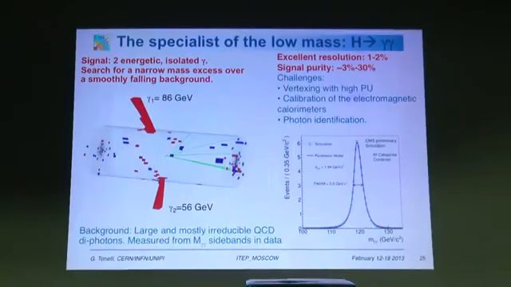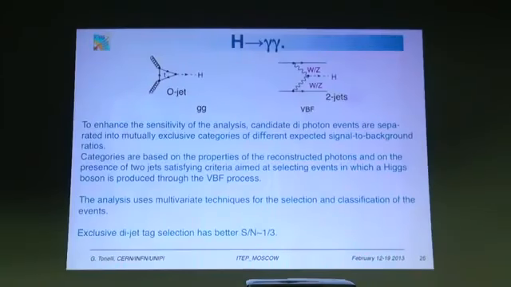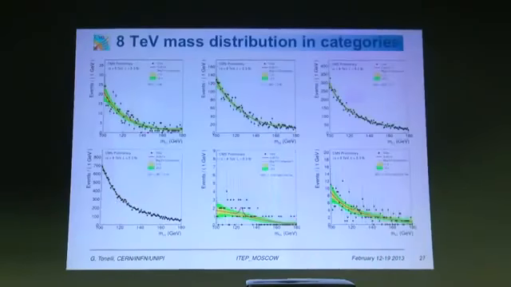High resolution means that you might now see a peak. And this is a completely different scenario with respect to the previous studies. Again, X to gamma gamma, we study different production mechanisms, gluon fusion, VBF. We subdivide again the sample into different categories of different sensitivity, and you might start seeing something again.